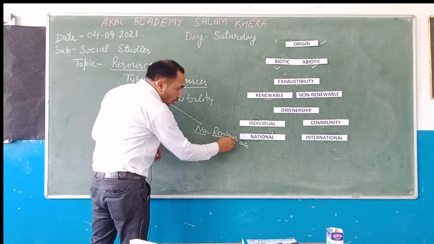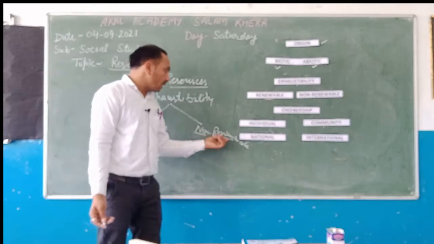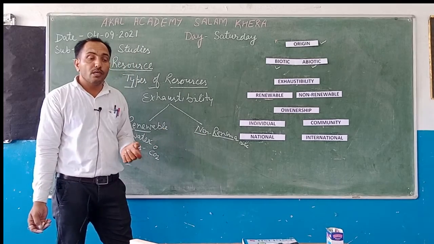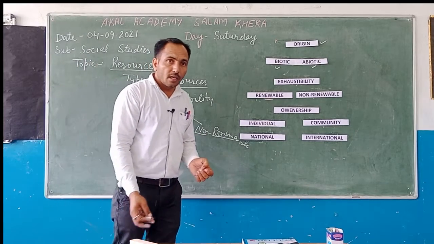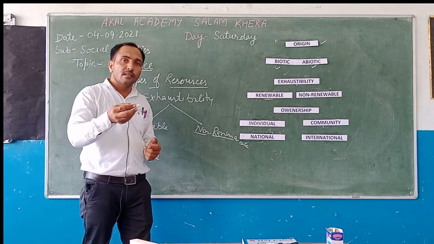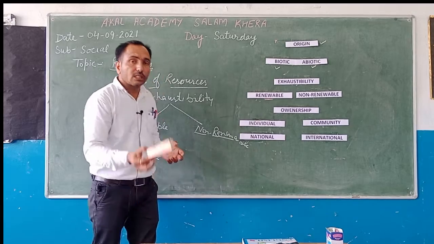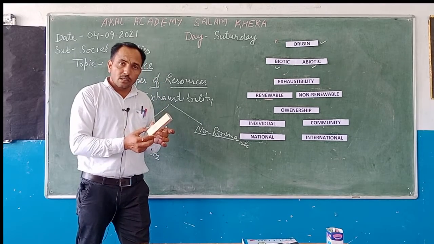Non-renewables do not regenerate themselves. Those resources are counted under the non-renewable resources. I have this chalk. We have to collect the chemicals and make this. We have these dusters.